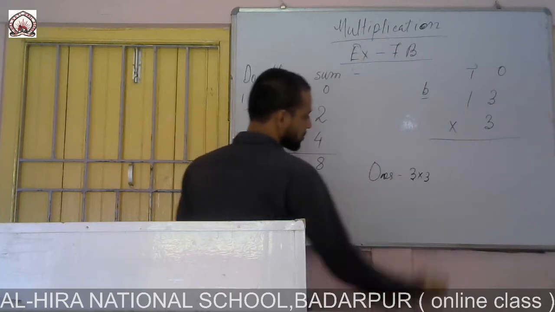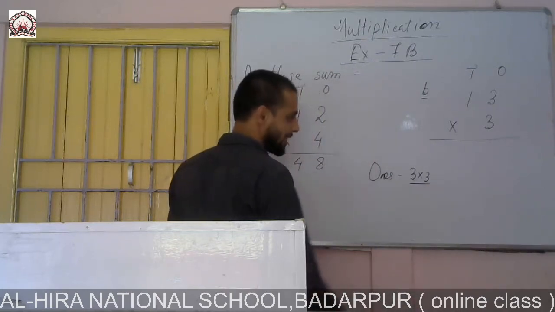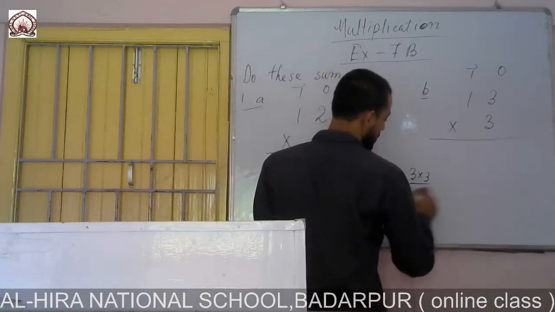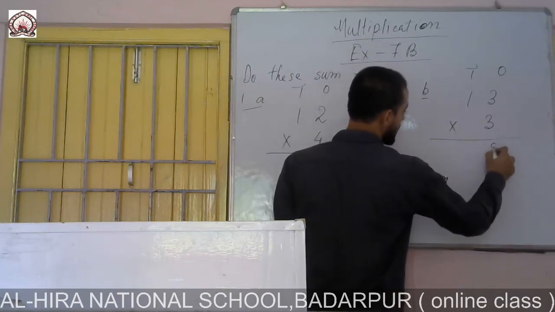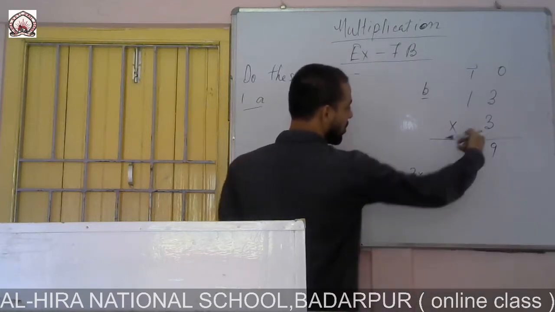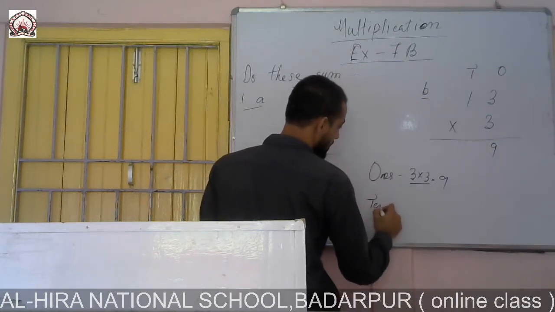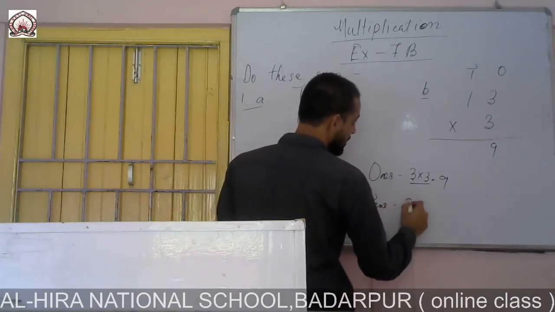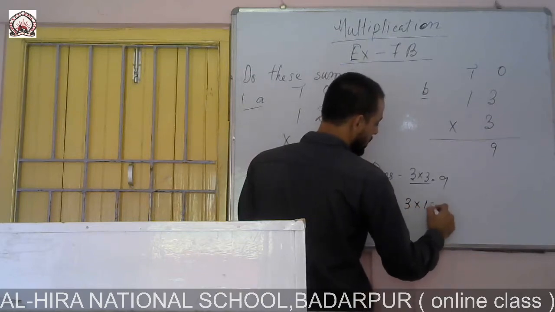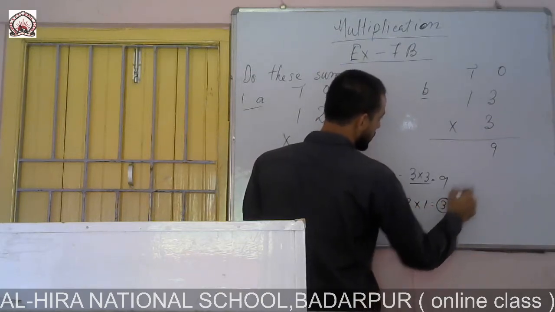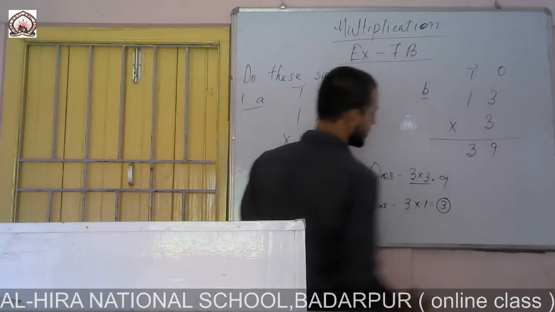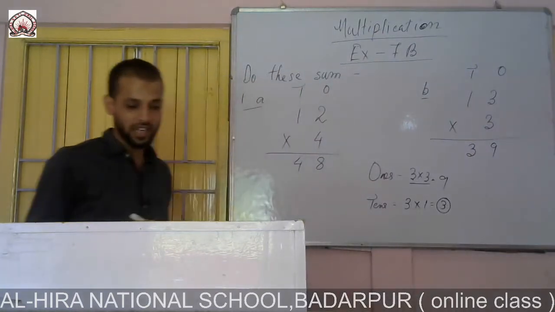So 3 threes are what? 9. We have to write here 9 in ones place. Now tens place, 3 into tens place. So in tens place, which 2 digits are there? 3 and 1. 3 into 1 equals to what? 3. This 3 will come in which place? Tens place. So the result is 39.